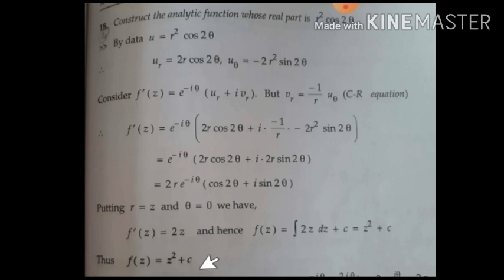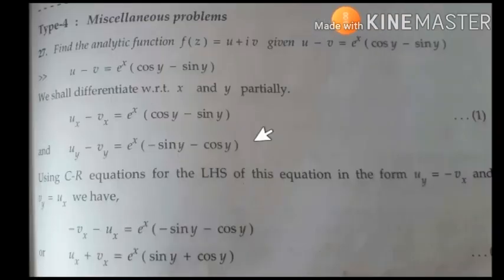So you may get a construction of analytic function where either the real or imaginary part will be given. Along with that, the real and imaginary part may be in Cartesian form or polar form. Another type of problem we come across in construction of analytic function is where they give the difference of real and imaginary parts or the sum of real and imaginary parts.